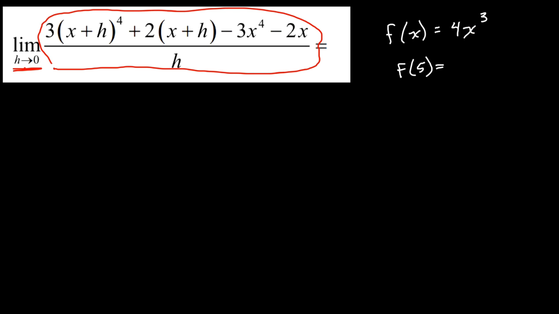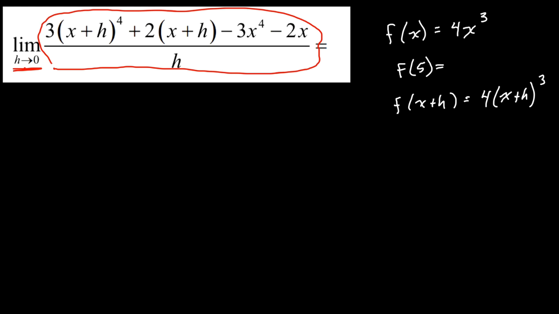So if we want to find f of x plus h, what you are doing is plugging x plus h in for the x. It's the same thing you do with the 5. So we're plugging x plus h in for the x, which would give us 4 times x plus h to the third power.